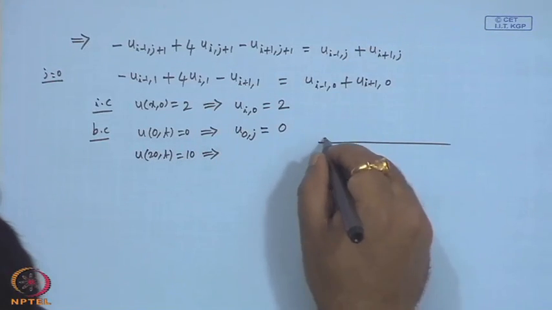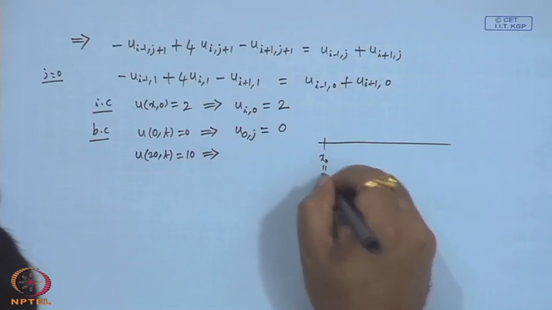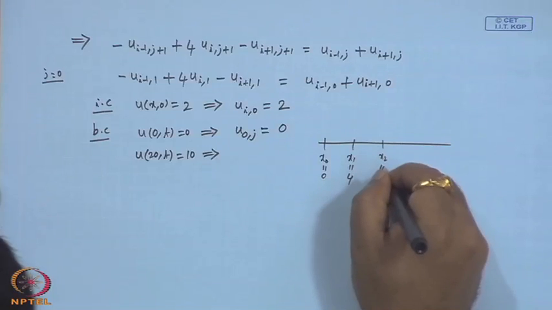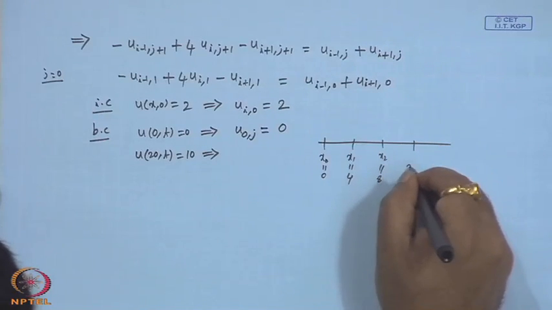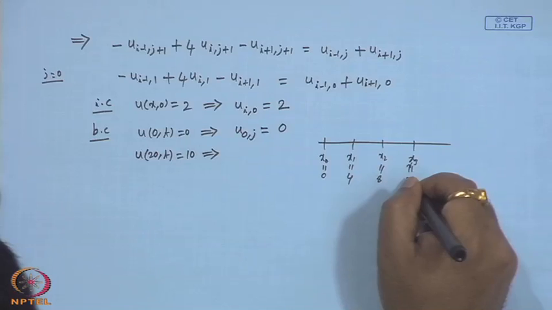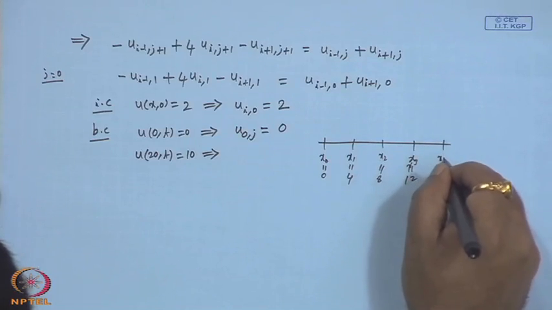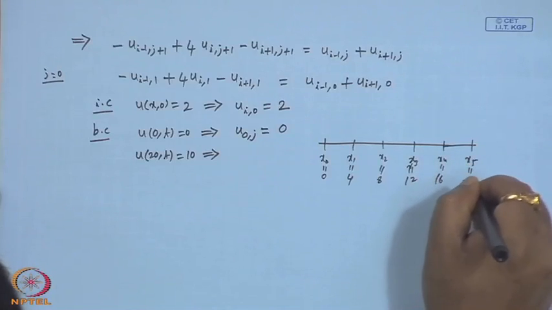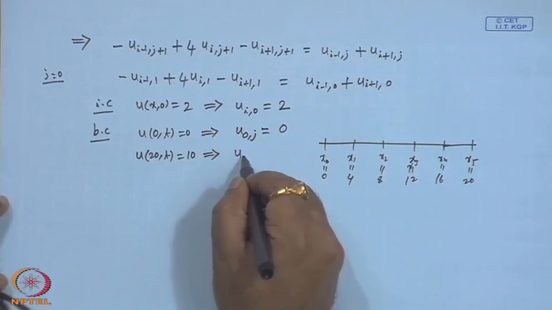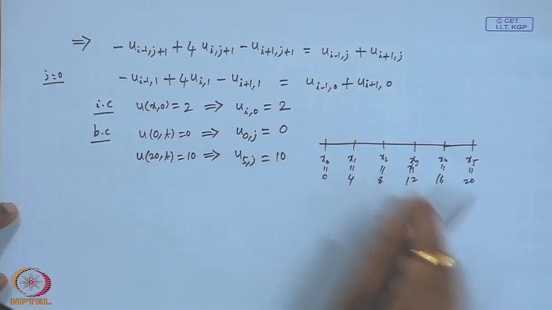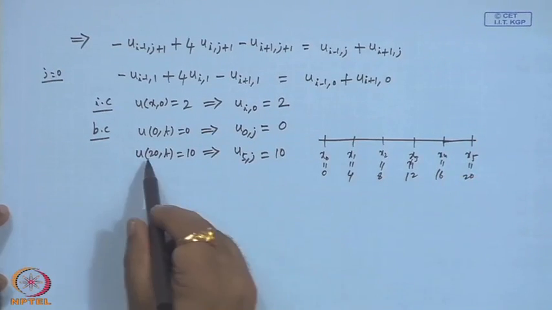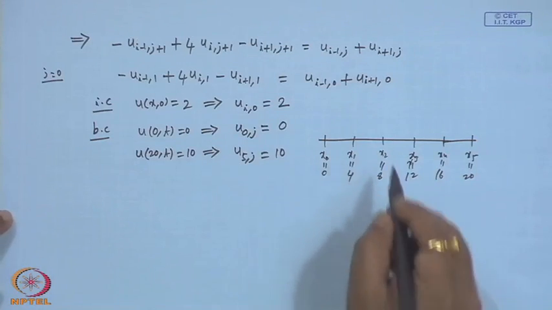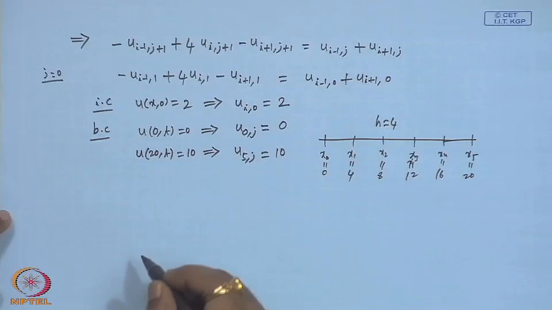So, our grid is x 0 is 0, x 1 is 4, x 2 is 8, x 3 is 12, 16. So, this implies u 5 j is 10 because we need it at the boundary point. Okay. So, this is because h equals to 4.